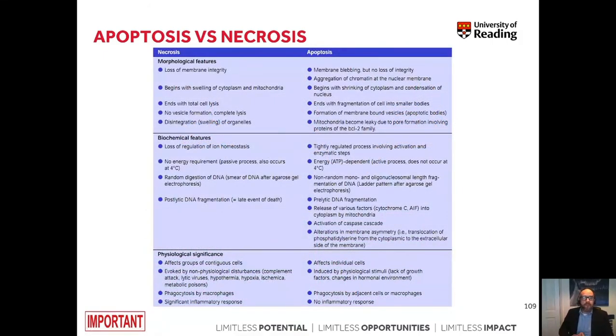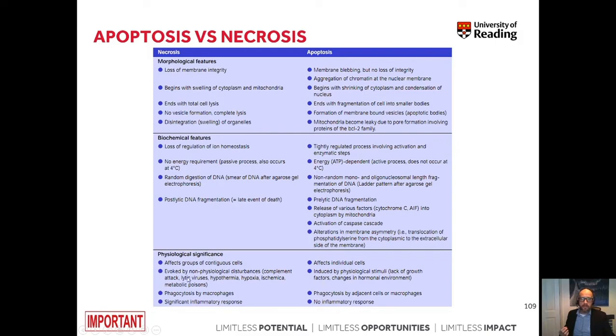In reality, there are even more differences, because what we have covered so far were merely morphological features. However, there are also very important differences in terms of physiological significance. Again, apoptosis only affects individual cells because it leads to production of apoptotic bodies. They are then removed by macrophages and also by neighboring cells. In contrast, in necrosis, we have adverse effects on a group of neighboring cells. Apoptosis is induced by physiological stimuli, such as lack of growth factors or changes in the environment.